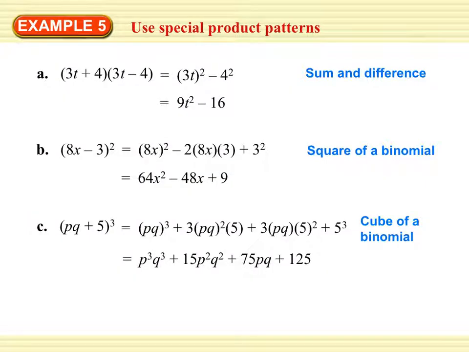I left these on here to show you. For a, I've got 3t plus 4, 3t minus 4. So I've squared the beginning and I've squared the end with a minus in between, and that's my answer. So this right here we call the difference of perfect squares.